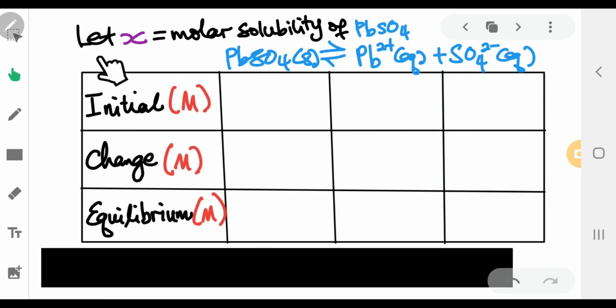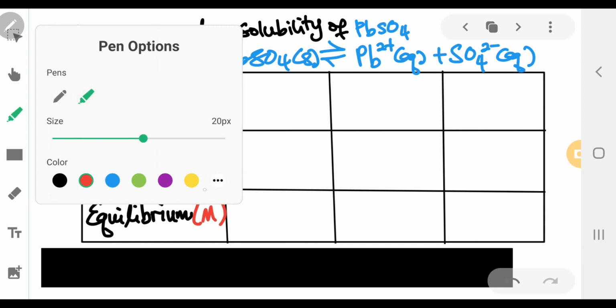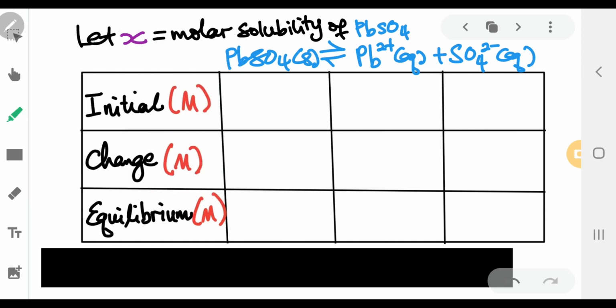And then we're going to make this statement together with the ICE table, and you will know later why. So I'm going to highlight that. This is a very, very important step in which you're going to be letting x equal to the molar solubility of lead sulfate.